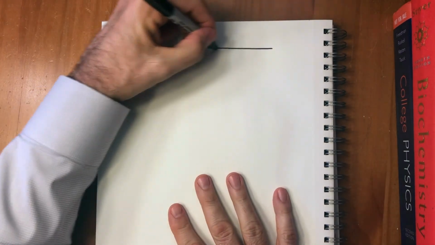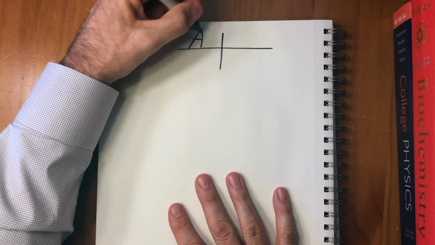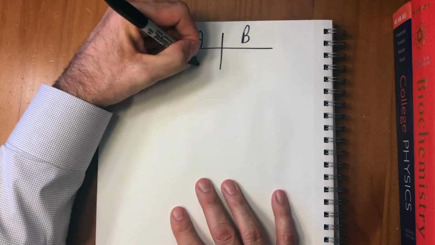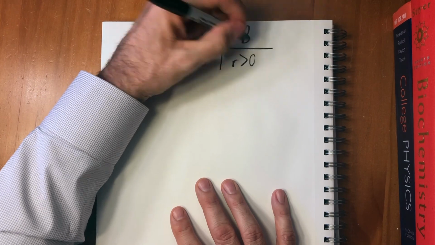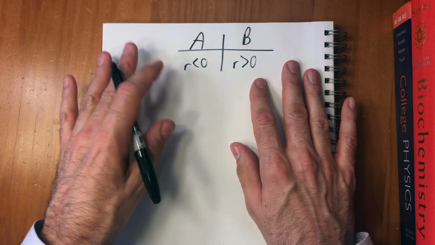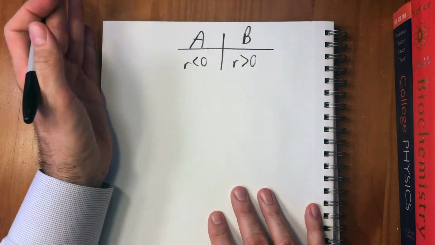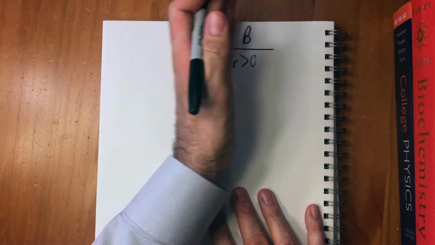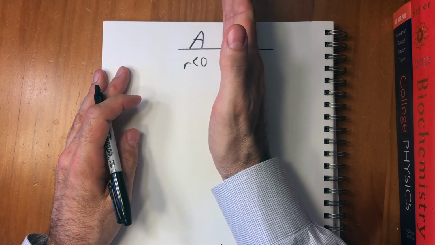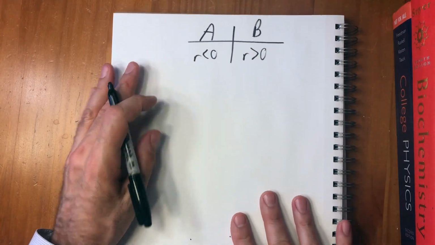And again, we've actually looked at all these examples before in the previous videos. So if we had A over here and B over here, and say R less than 0, R greater than 0, this is basically the same situation that we're talking about. Here the lower bounds of B are everything in A. The upper bounds of A are everything in B, okay?